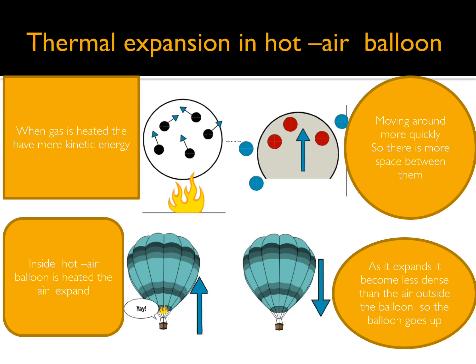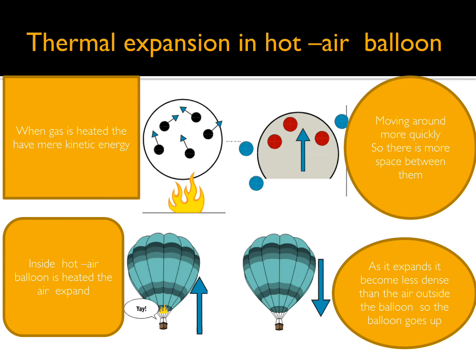Thermal expansion in a hot air balloon. In this part of the lesson, we will look at the principle of the hot air balloon and how it works. Or we can try to answer, why does hot air rise?